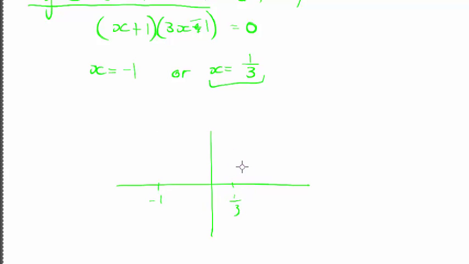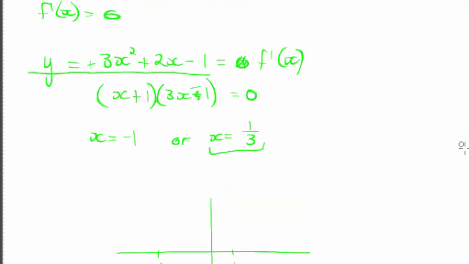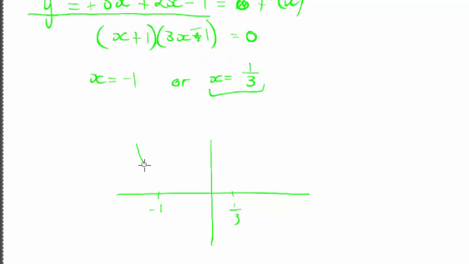They're my roots. It has a positive shape because there's a positive in front here, so it's a smiling face, so it looks like this. Okay. Now this is not the original function. I've drawn the derivative. And now the derivative, what I read off here on the y-axis is not my y values, it's my gradient values.